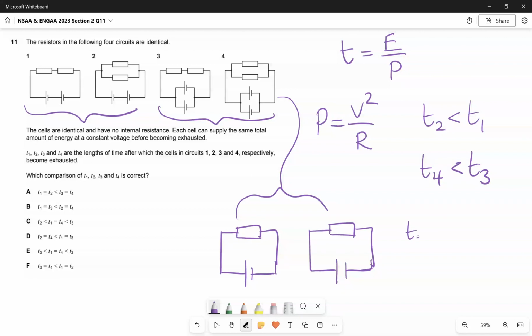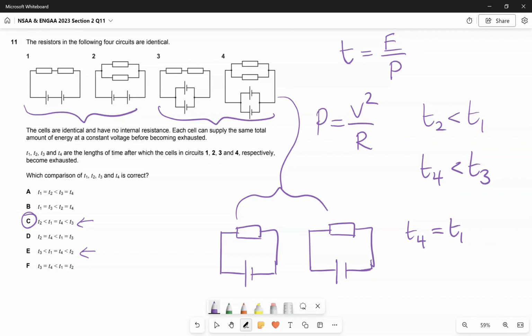So T4 should actually equal T1. And so we know it could be either E or it could be C. But we know that T2 is smaller than T1, and we know T4 is smaller than T3. So the answer must be C.